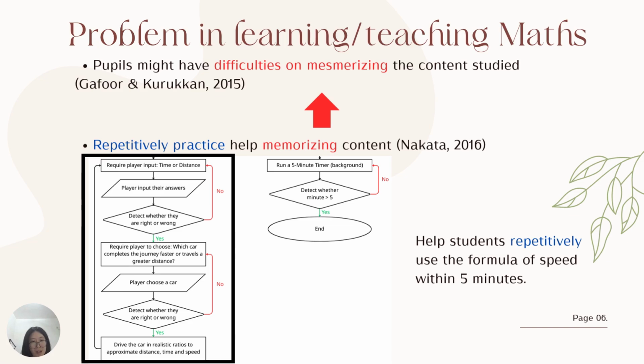In my program, it requires students to repeatedly answer the total time or distance and find out which car completes the journey faster or travels a greater distance in 5 minutes. I think that it helps students to understand the formula more.